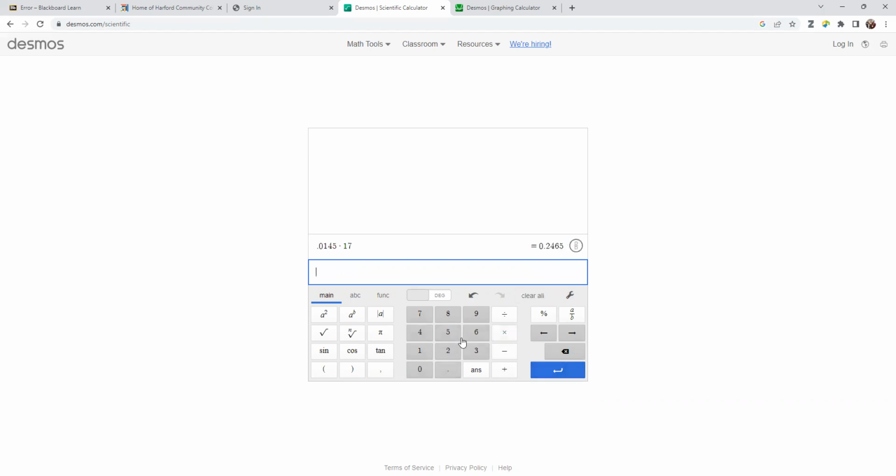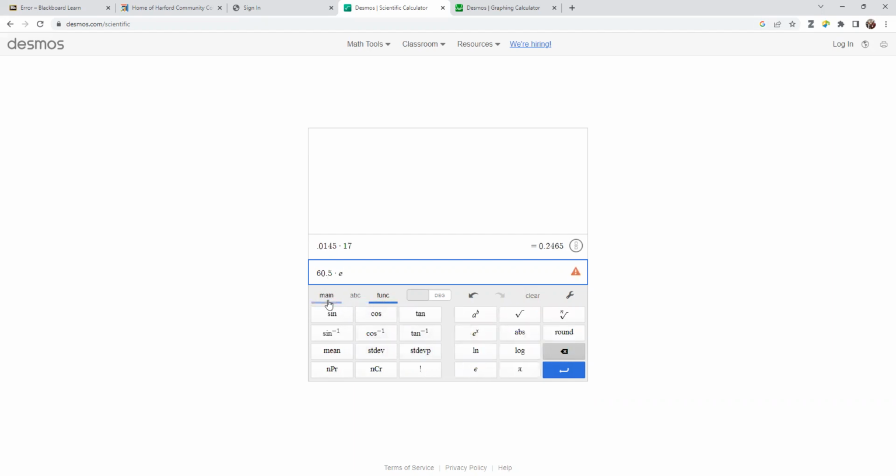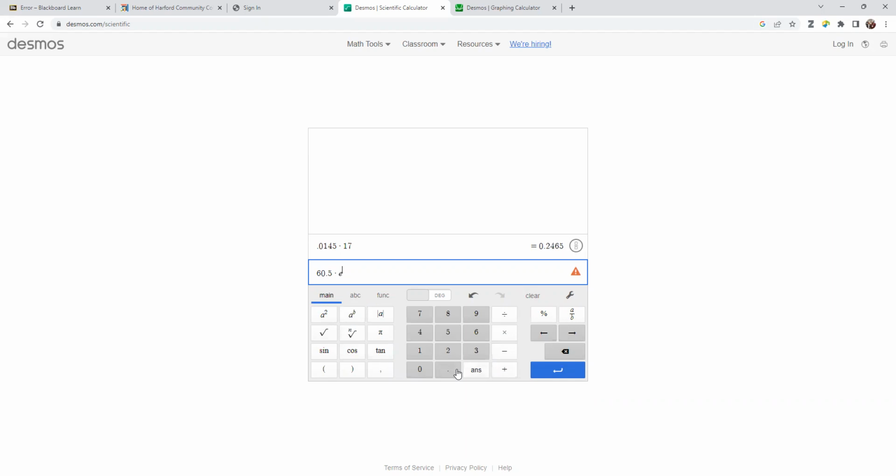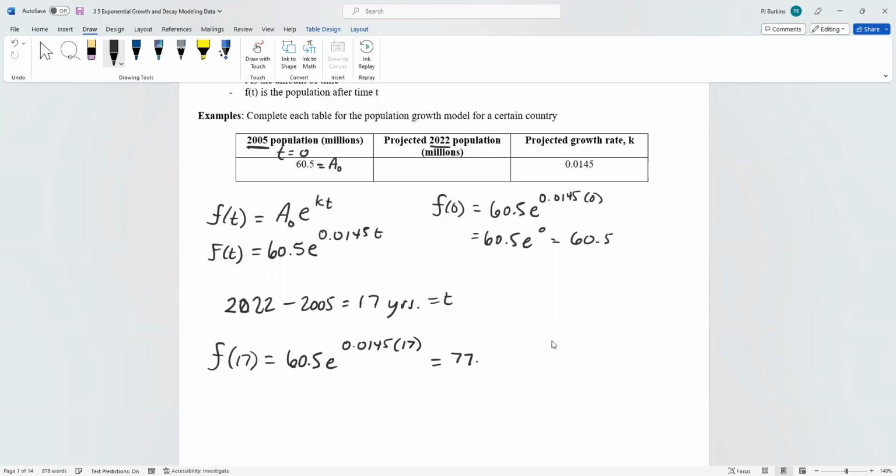And then we need to use that as our exponent. So 60.5 times e to the 0.2465. So it looks like we get 77.4 if we round to the same decimal place as the previous answer that was given. So we'll come back here and we'll say 77.4. Now again, that's millions. So 77.4 million people.